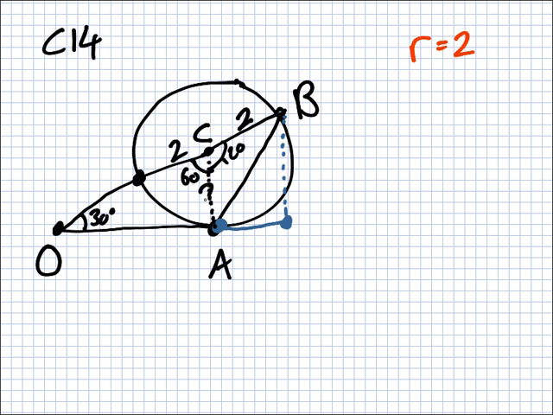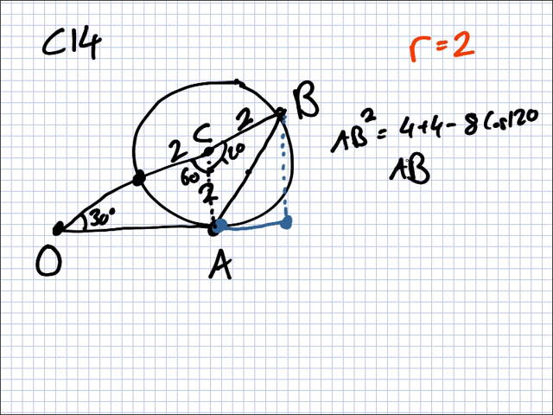And this is also 2. So you can use the cosine rule to get that. So AB squared equals 2 squared plus 2 squared minus 2 times 2 times 2 cos 120. Hold on. What do you get for AB?